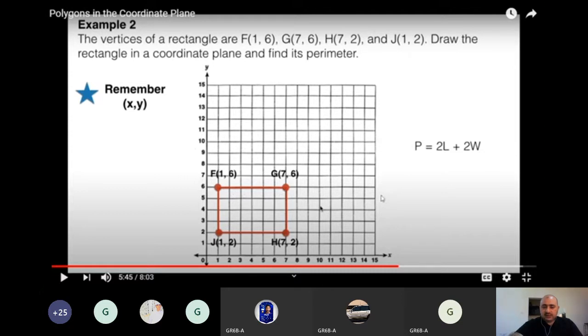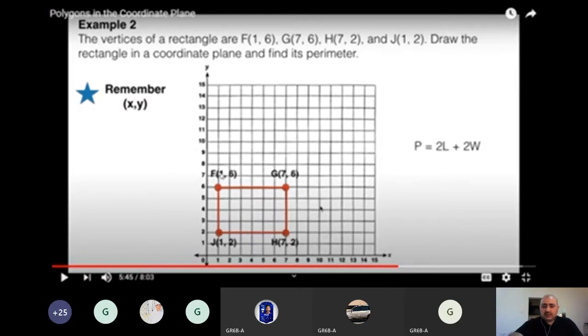This is the easy way. The second way, as you see, here we have the same x-axis, but the different y-axis. Here we have 6, here we have 2. I can subtract 6 minus 2. 6 minus 2 will be 4. So the total of this side will be 4.